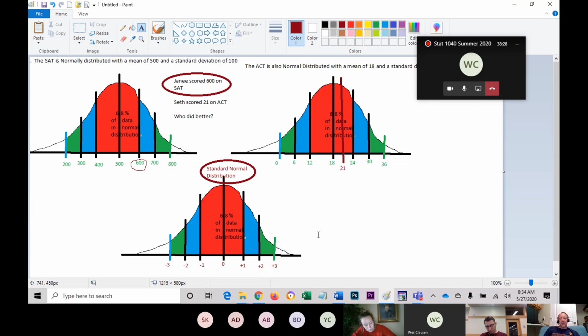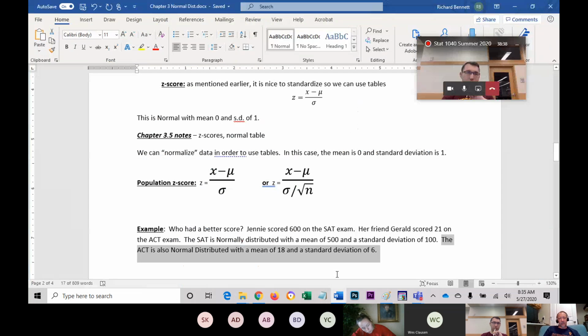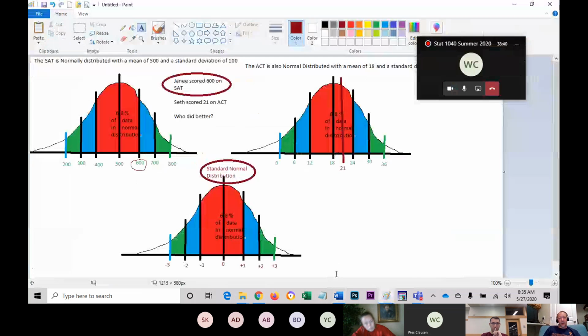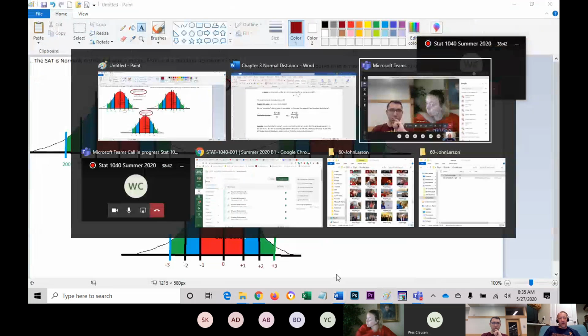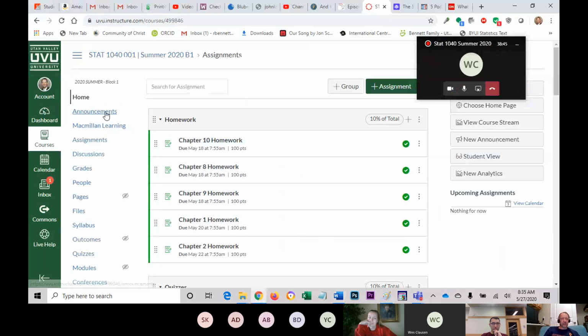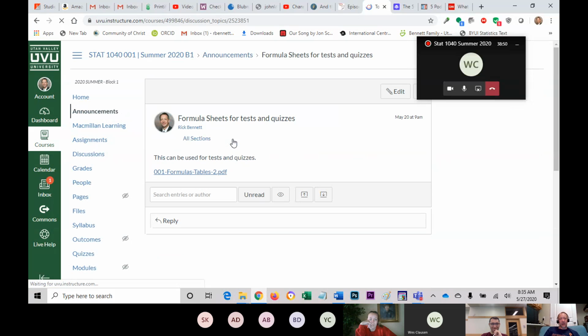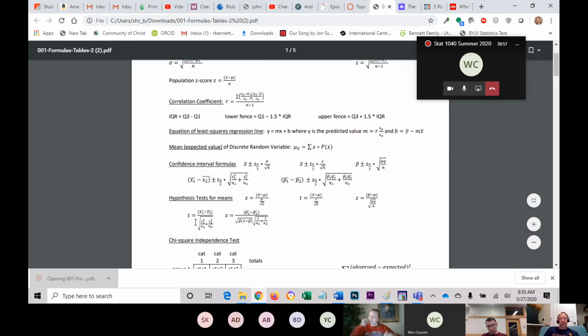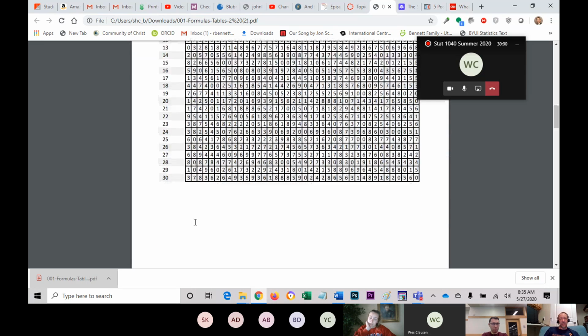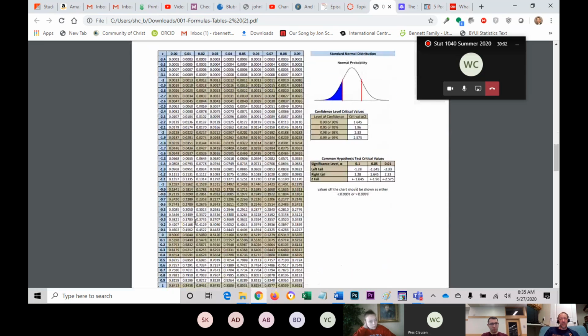And so what's really nice about that is if we go back to our announcements, on this next test, we've got the formula sheets and tables here. Page 1 you're very familiar with because you could use it on the last test. Page 2 is the random distribution table.